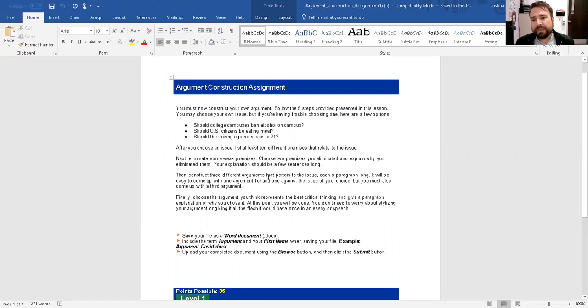You're going to write 3 different argumentative paragraphs. Remember, a good academic argumentative paragraph should be written in third-person point of view with absolutely no first-person I, me, my statements, no first-person we, our statements, absolutely no second-person you, your statements. Keep them all third-person point of view.